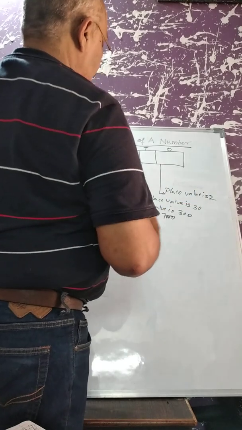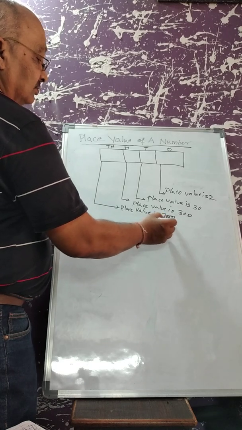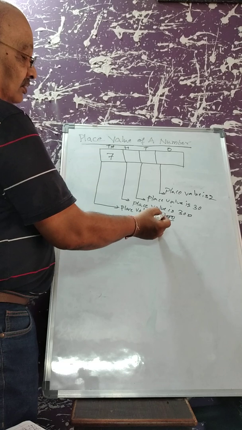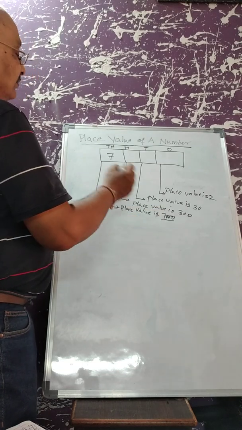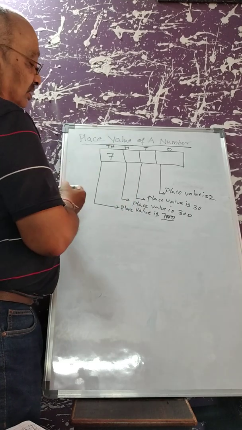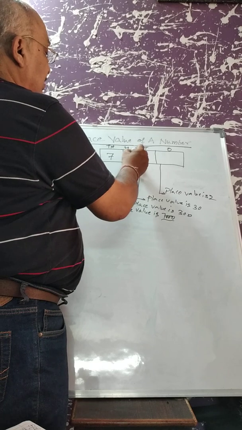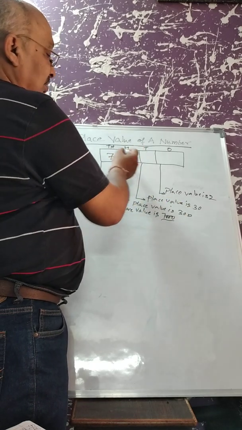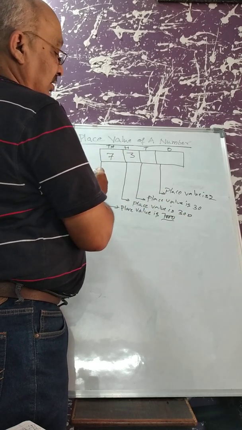So what number is it making? Place value of 7,000, directly I am fulfilling over here. It is 7 because place value of 7 is 7,000 and this is the place of 1000. Now here it is 3 because place value of 100 is 300 and it is starting from 3, so you have to write 3 over here.